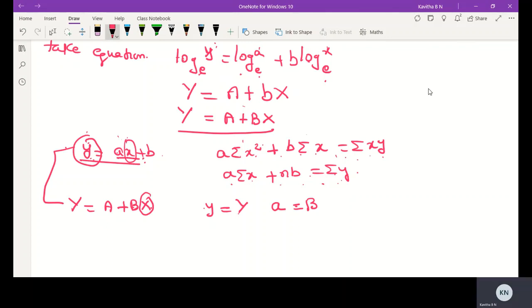Next, here small x is there, here capital X is there. In place of small x, write down capital X. Then come to b, x to the power of 0, which is 1 only.